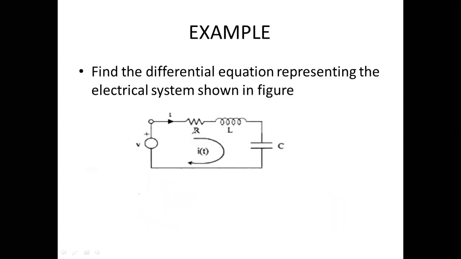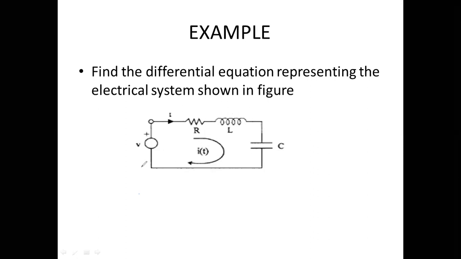Here you have an RLC circuit. The question is, we need to write the differential equations representing the electrical system. The applied voltage is V of t, and the resistance R, L, and C are connected in series, and the current flowing through the circuit is assumed to be I of t.